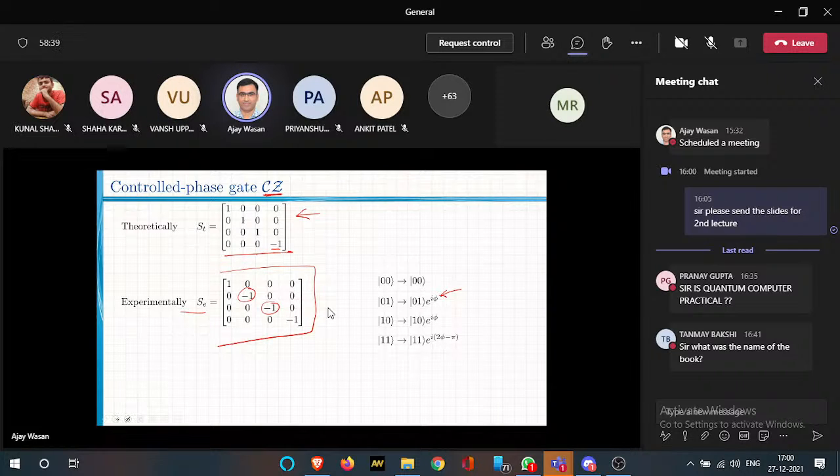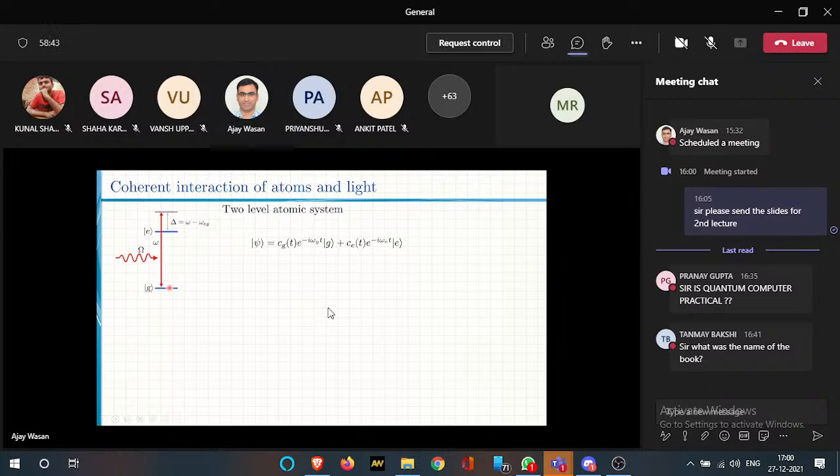I will just jump. Basically, I wanted to show you one more thing that is very interesting. I'm showing here a two-level atomic system, and for any two-level atomic system, whatever alpha and beta I was showing, alpha is a function of time, and beta is also a function of time. And it is e to the power i omega_g t and e to the power i omega_e t.